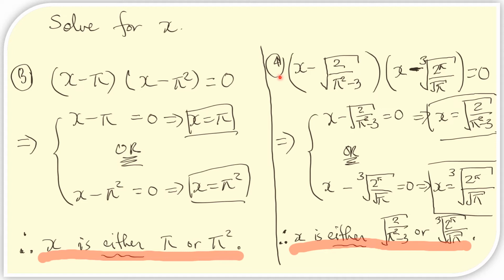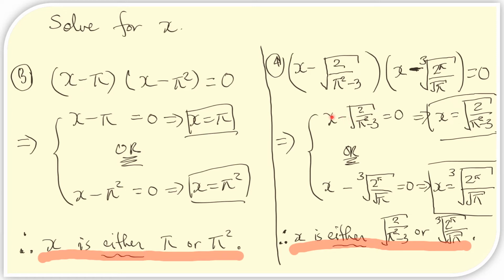For the fourth problem, we have x minus this complicated expression times x minus this other complicated expression equals 0. Again, the solution to this is obtained by equating each of the factors to 0. So this equals 0, or this equals 0.